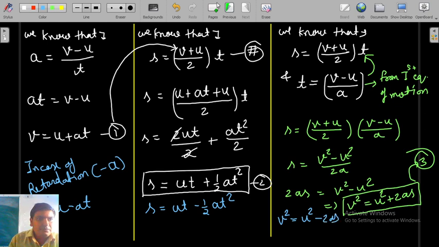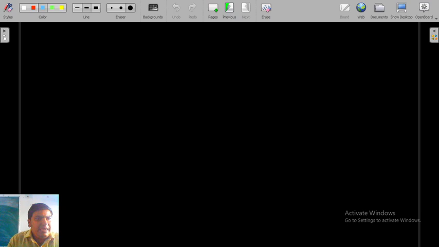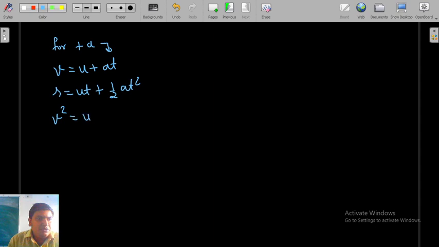Okay, so we can write that for positive acceleration we have v equals to u plus at, s equals to ut plus half at square, and v square equals to u square plus 2as.